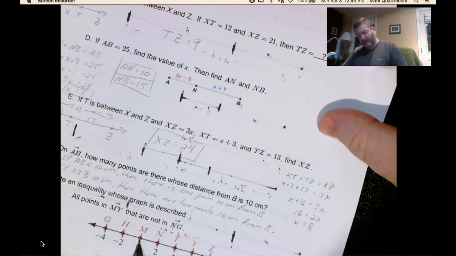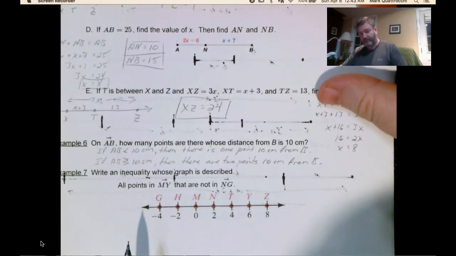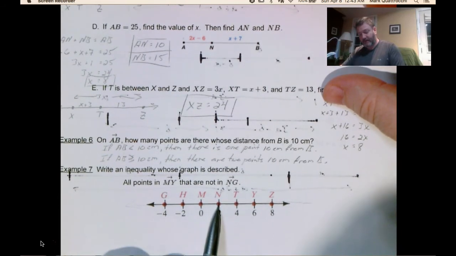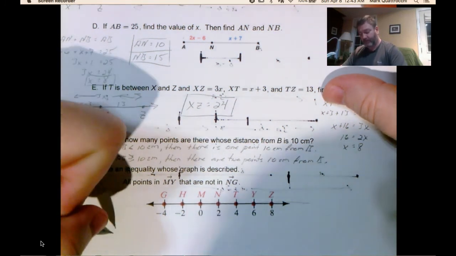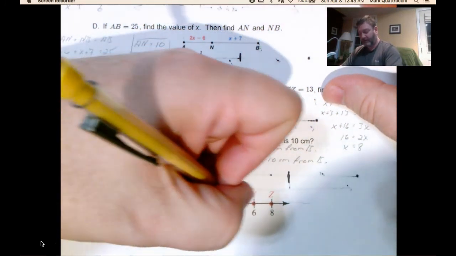So what are the points that are on MY but not on NG? Well, they start here at N, but they can't include N, because that would be on ray NG. And they go to the right.